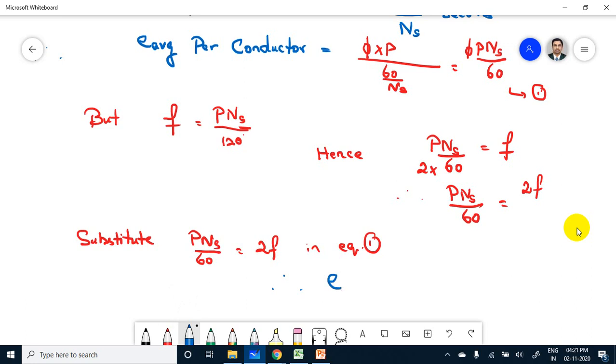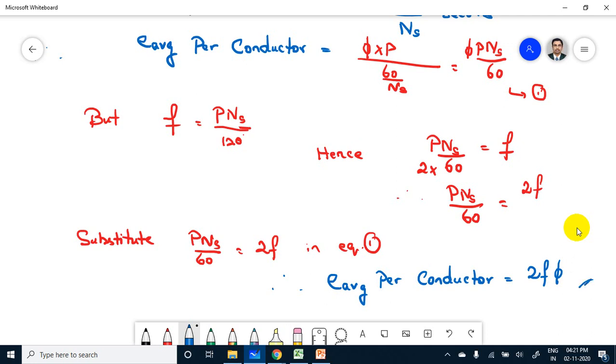Therefore, E average per conductor is equal to 2F into φ, because here this P Ns by 60 I am writing as 2F, so 2F into φ.